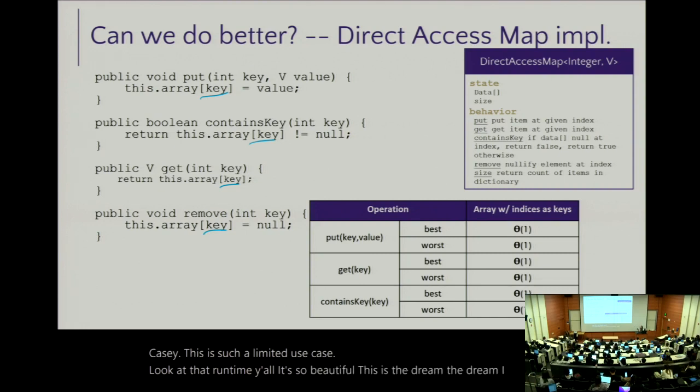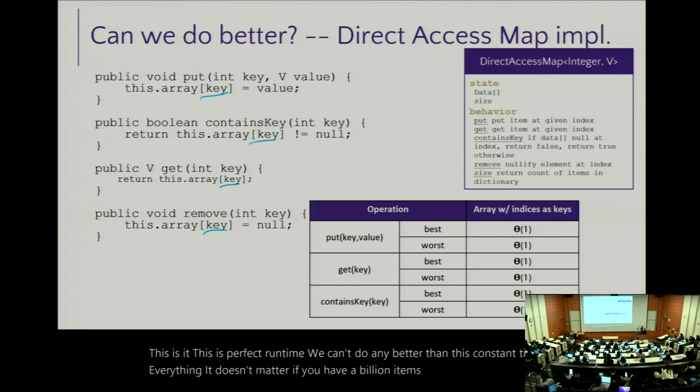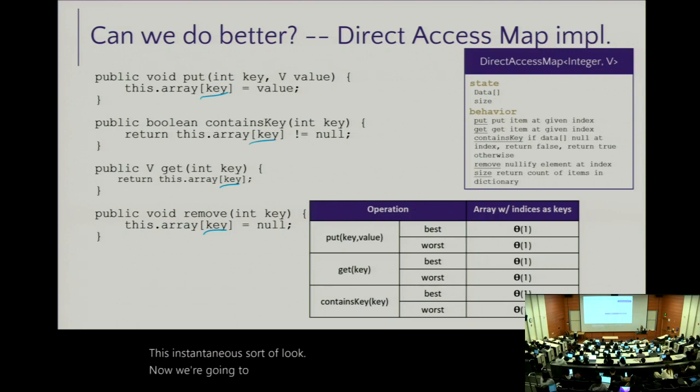So we may have simplified our problem, but we've gotten to the ideal runtime. This is it. This is perfect runtime. We can't do any better than this. Constant time everything. It doesn't matter if you have 1 billion items or 10 items. It all is this instantaneous sort of lookup. Now we're going to try and build back up this design in ways that make it more flexible.